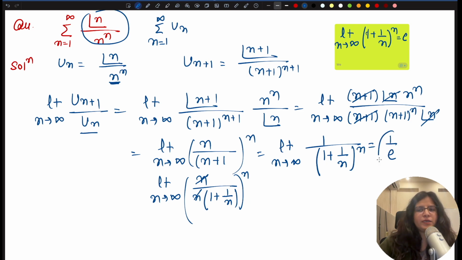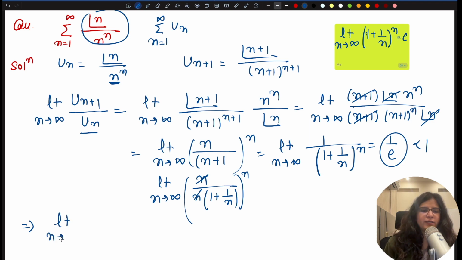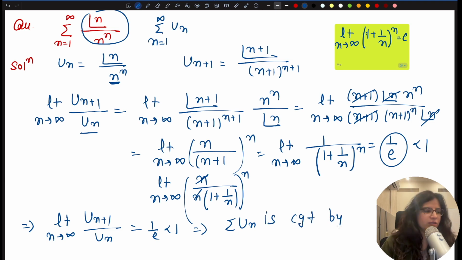And 1 by e क्या होता है? Is it less than 1 or greater than 1? It is less than 1. So it implies limit n tends to infinite un plus 1 by un is equal to 1 by e, and it is less than 1. So it implies summation un is convergent by ratio test. Okay, so this was the ratio test here.